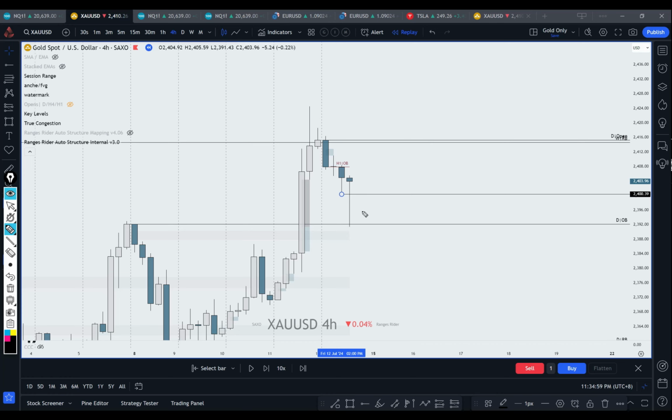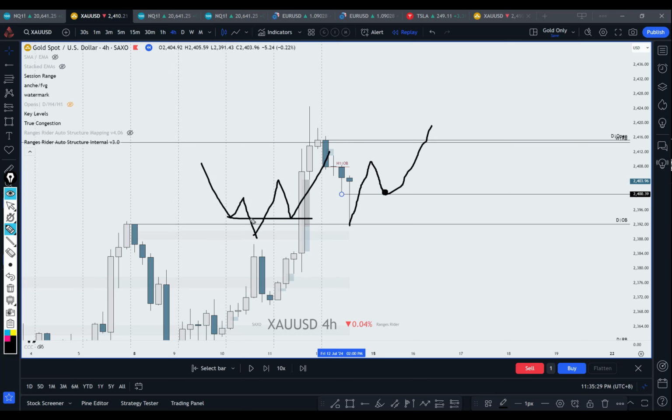So if this is the manipulation, it means this whole area is manipulation. If the price comes into this one, then I'm looking for this level as a support to continue.